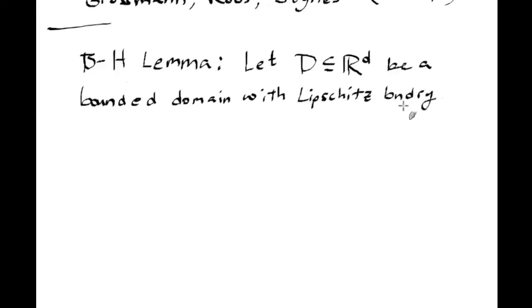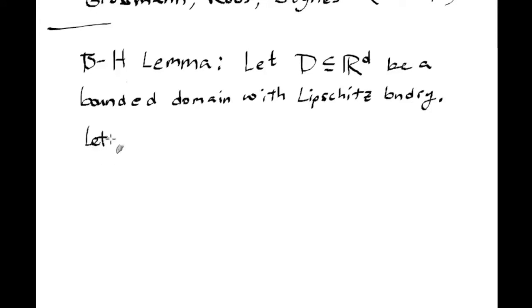I'm going to shorthand the notation sometimes. So D is the spatial dimension, and capital D is our domain. It's going to have Lipschitz boundary, so we're not going to have any kind of funky objects.